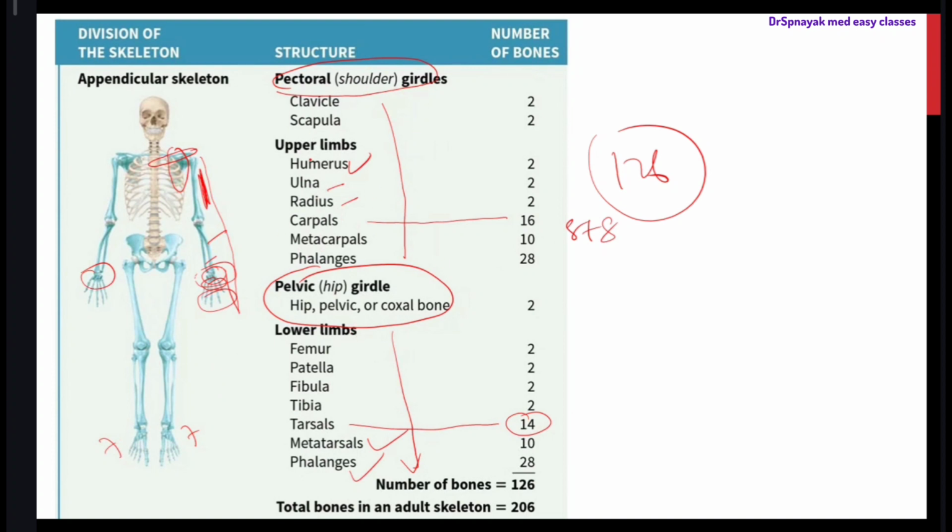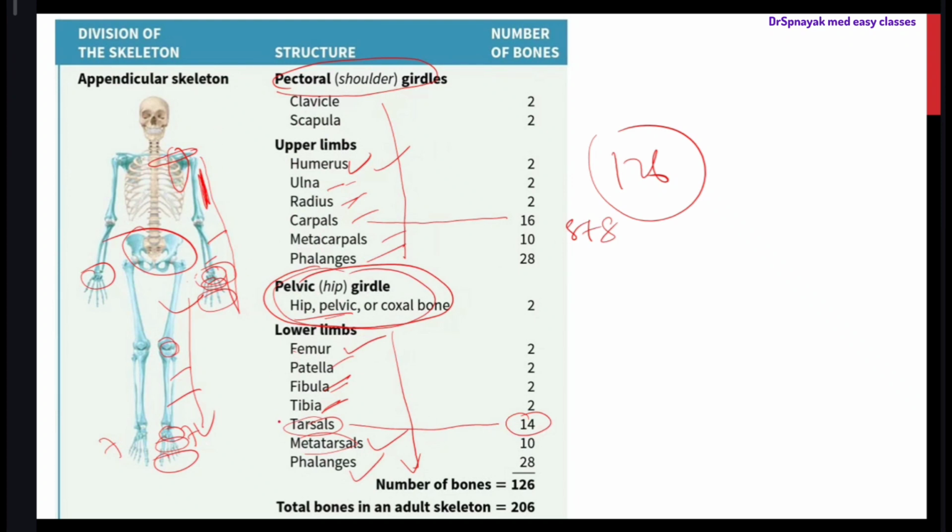In the upper limb we have the humerus, radius, ulna, carpals, metacarpals, and phalanges. In the pelvic girdle we have the hip bone, or pelvic bone, and then the lower limb bones: the femur, the patella, the tibia and fibula, the tarsals, metatarsals, and phalanges.